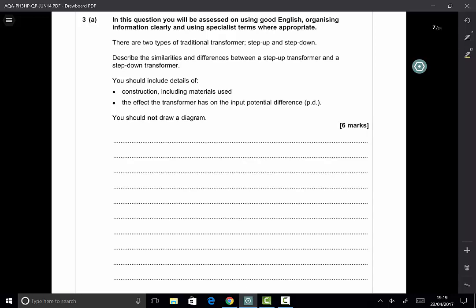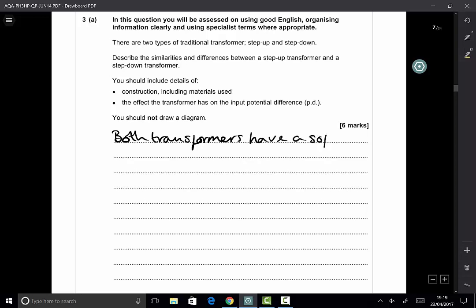So let's start with something that they've got in common. Both transformers have a soft iron core.